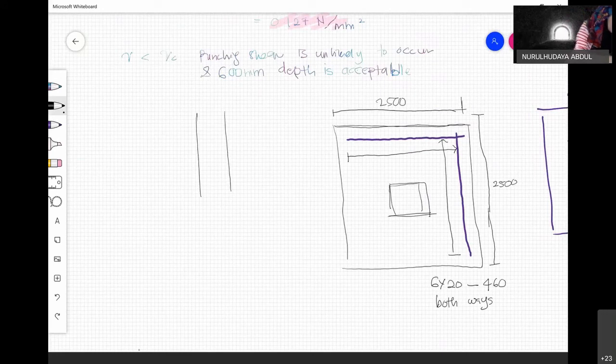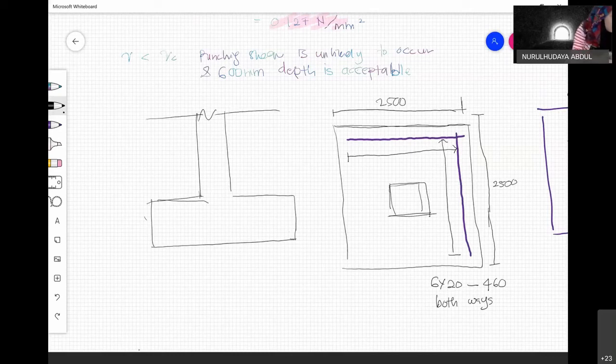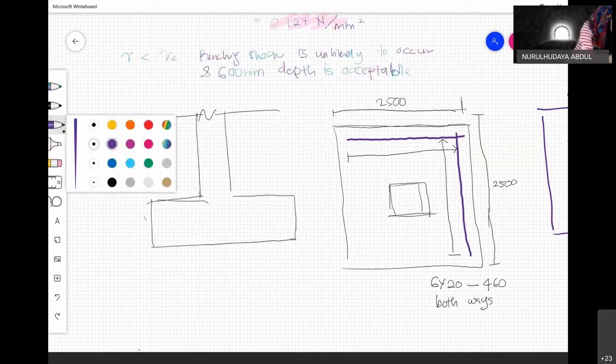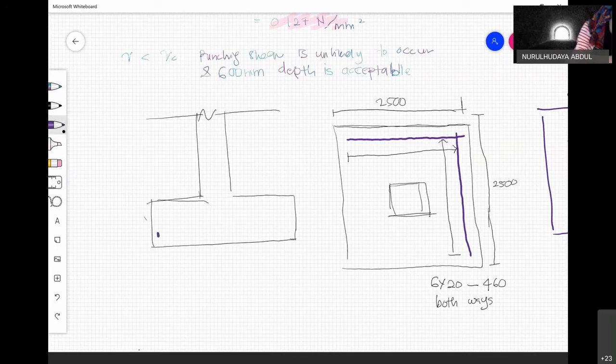Okay, ini daripada tepi cross section kita potong foundation tu and dari tepi nampaklah macam ni. So here you ada you punya bar which is they cross each other and both are main reinforcement.